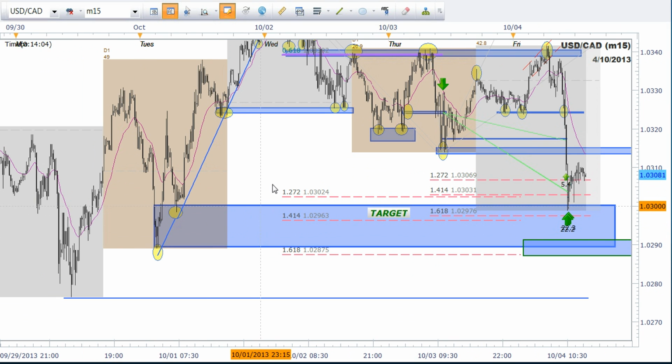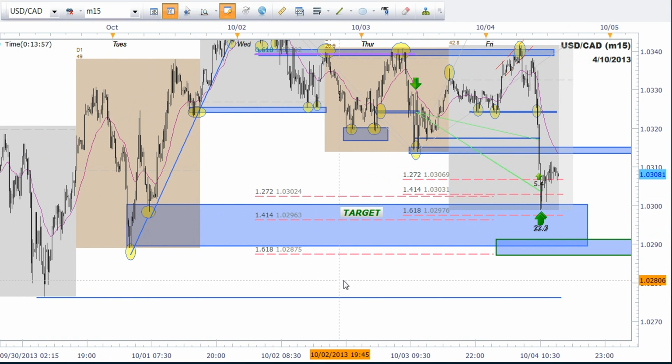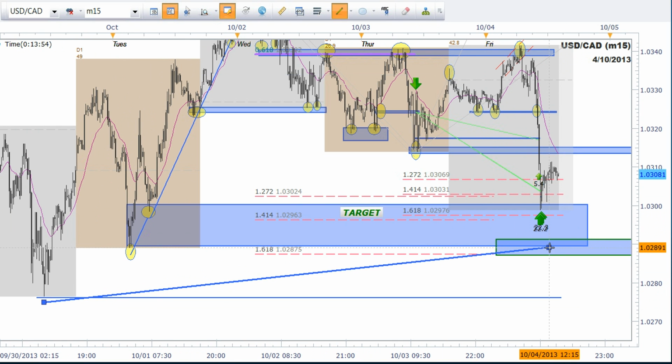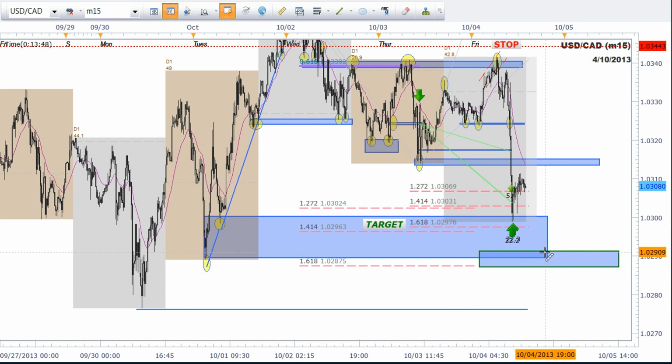And any kind of long trades in here, stops would have to go on the other side of this low. So something like that. 16, target back up here, better than 1-to-1.